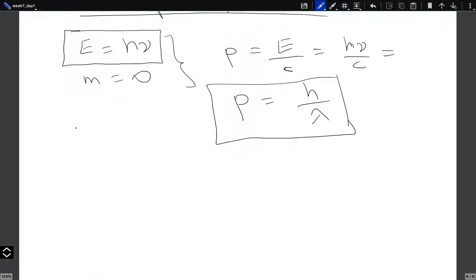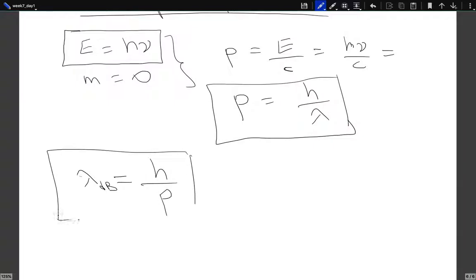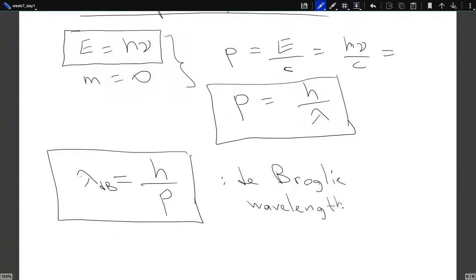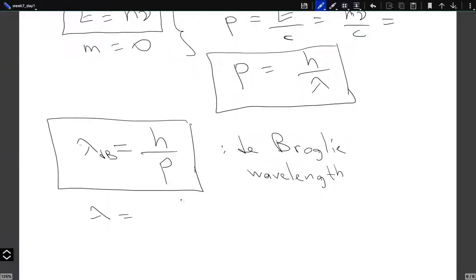It was de Broglie, well, it was his PhD thesis. He defined the de Broglie wavelength to be h over p. And since we know the momentum of an object with mass, this should be h over gamma m times v.